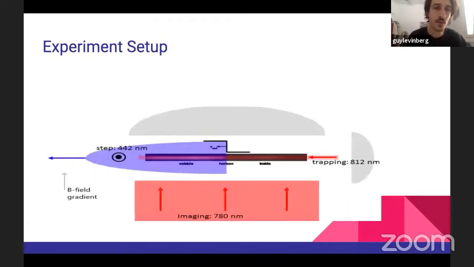Okay. So this is a bit more about the experimental stuff they use. It's quite complicated, but what's important here is that they use some Gaussian beam laser to make this step potential. So basically, there is a strong repulsion.